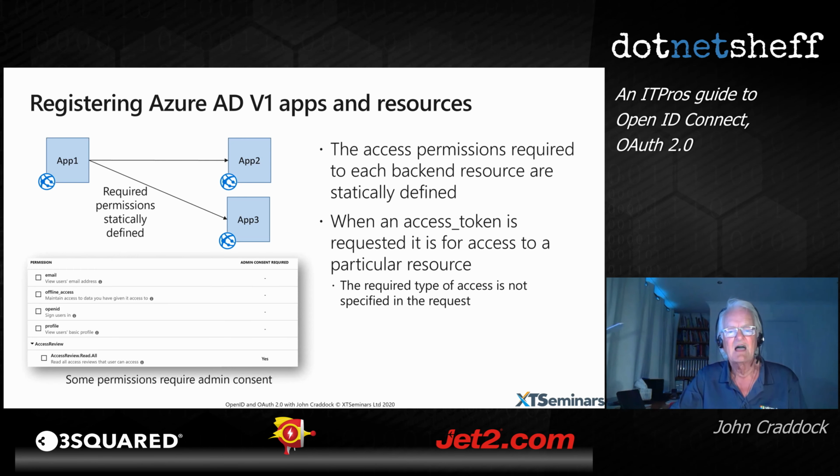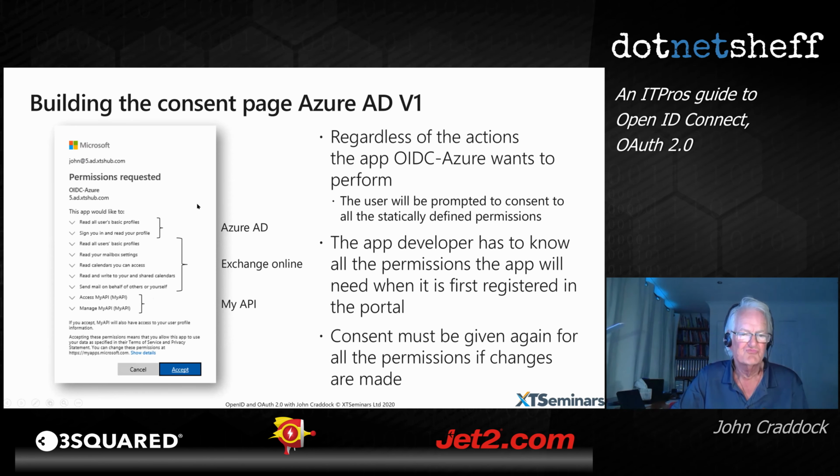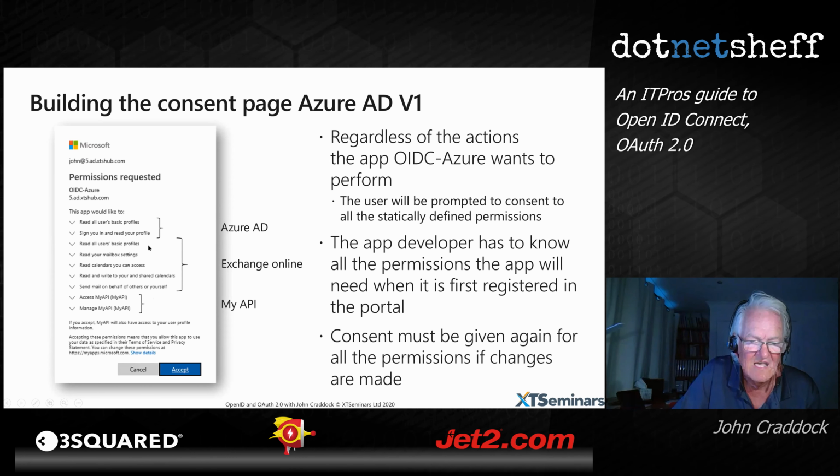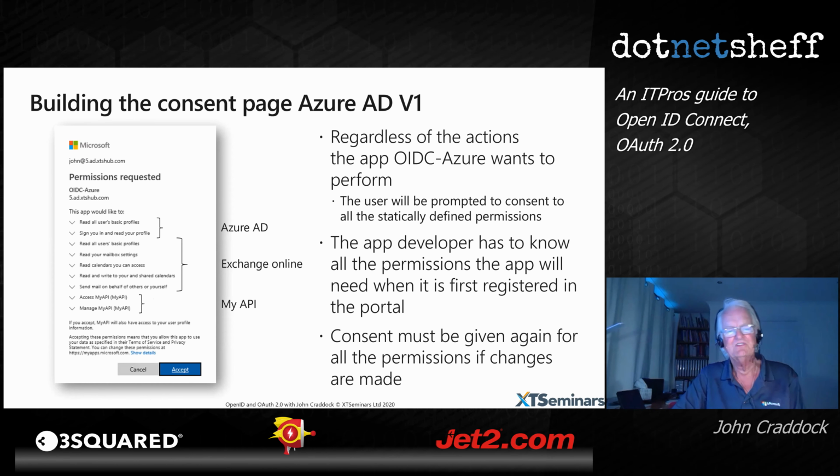And it becomes a complete nightmare. What you end up with is a really complex consent dialogue, and the user reads it and says, I haven't got a clue, but I do want to use the application, so accept. So it's really blown away the layer of security that consent gives you.